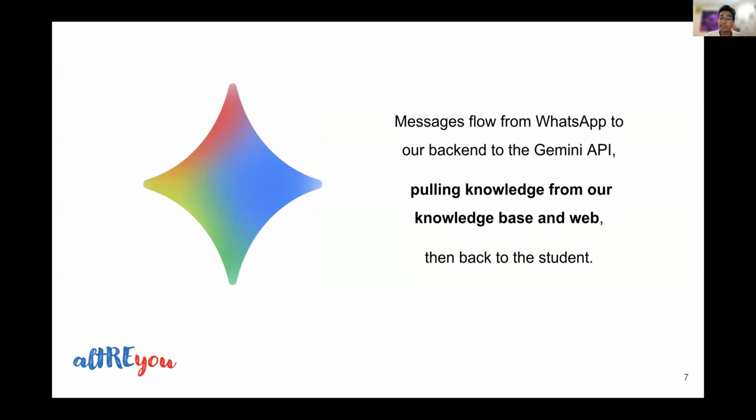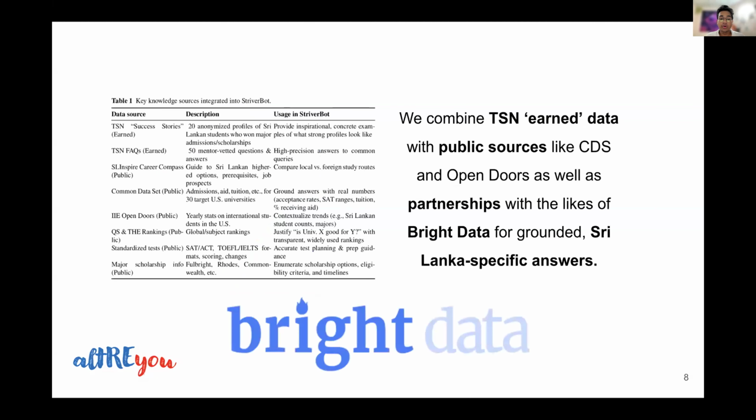We primarily use the Gemini API as our large language model, and it has the ability to pull knowledge from the web. And also we have a custom vector database that we built on Qdrant that collects all the knowledge and builds a vector database to use when a user asks a question. So we use a service called Bright Data.